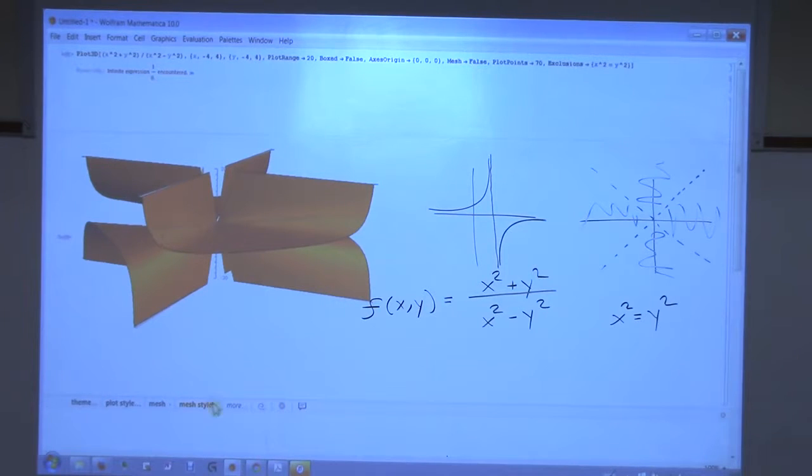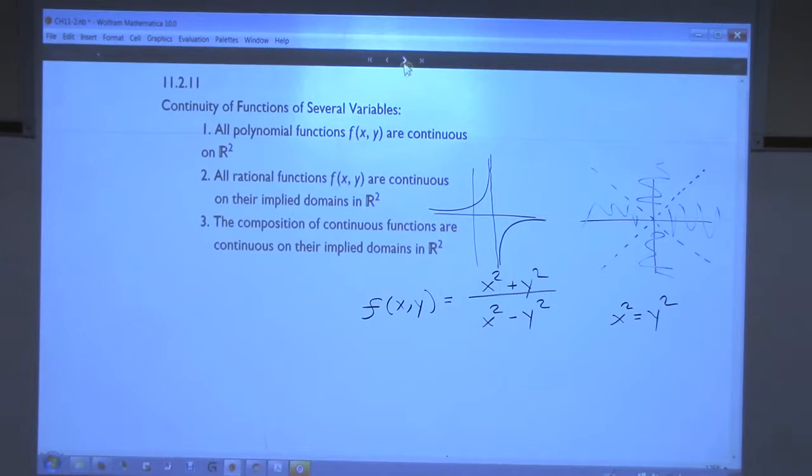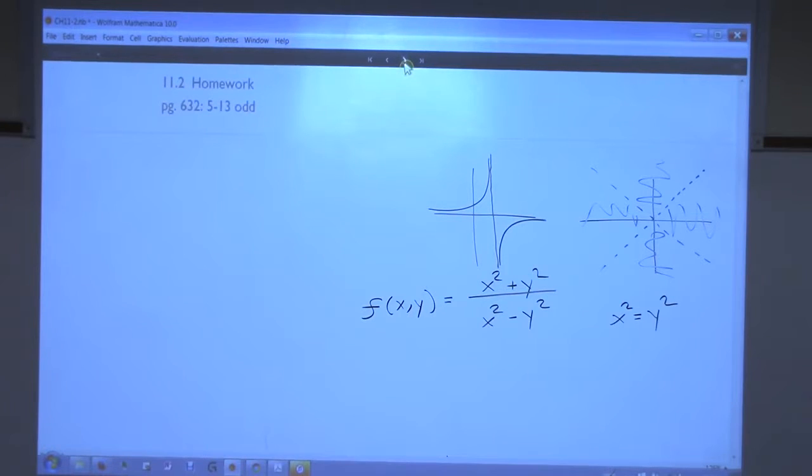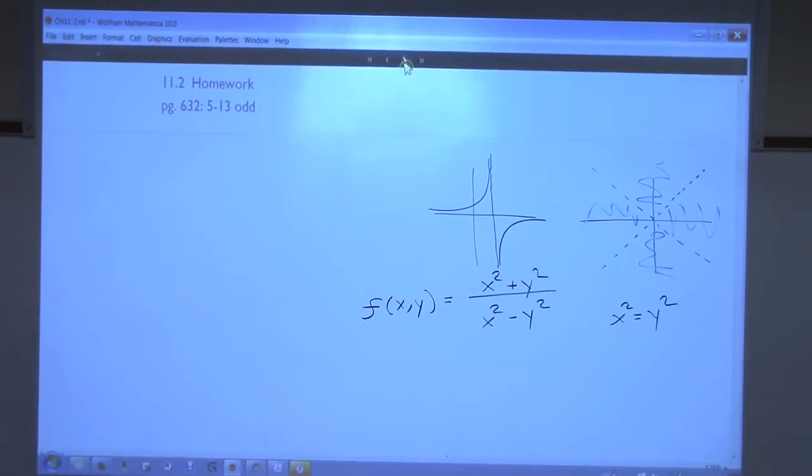Are we at the end of the notes? We are. And there's the homework, page 632, problems 5 through 13 odd. That's not a very big assignment.